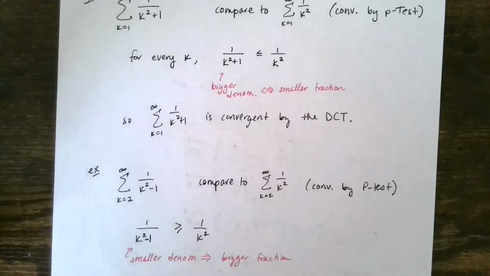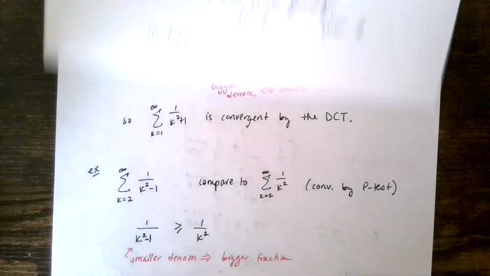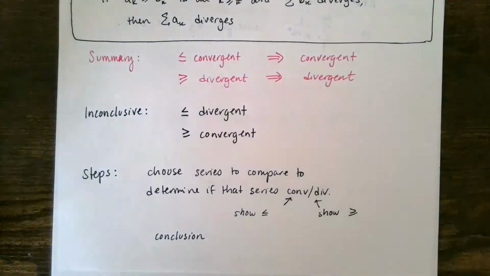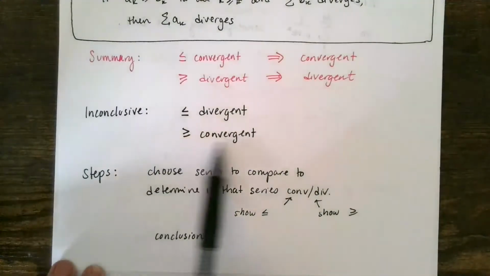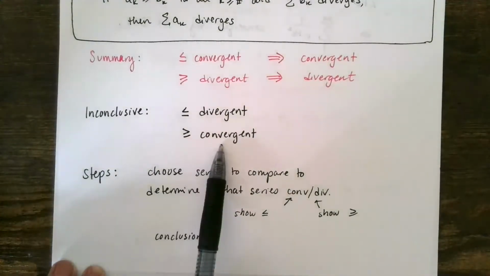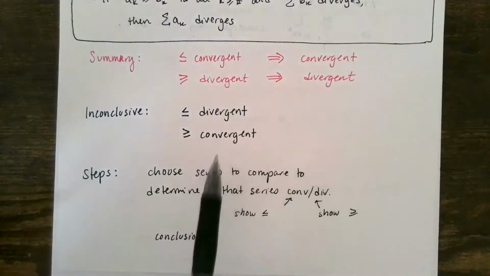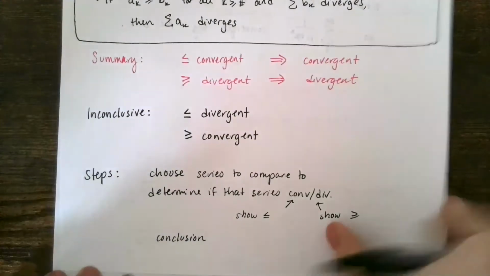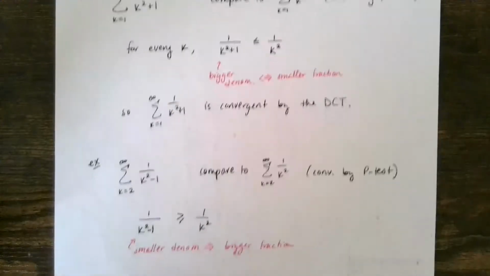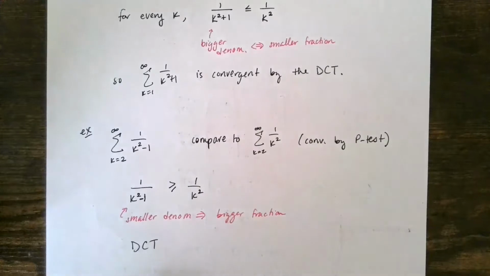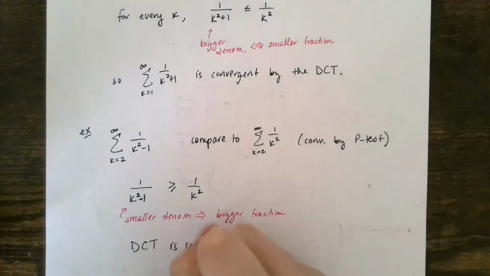So what we have is one of those inconclusive cases from before. If we come back to these notes here, what we have shown is that we're greater than or equal to something convergent. So we can tell it's really similar to something convergent, but we can't quite say that it definitely converges. So the direct comparison test, at least for this series in this scenario, is inconclusive.